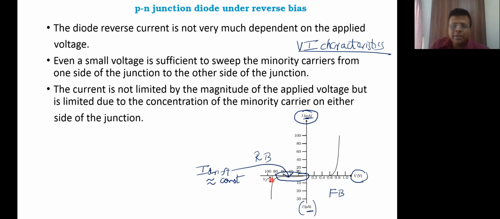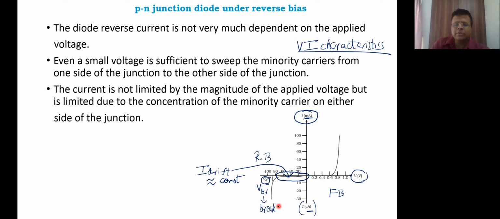But one thing which we observe here, which we will have to discuss at some later point today, is that there is a certain potential called the breakdown voltage. Here VBR is written, VBR. BR stands for breakdown.